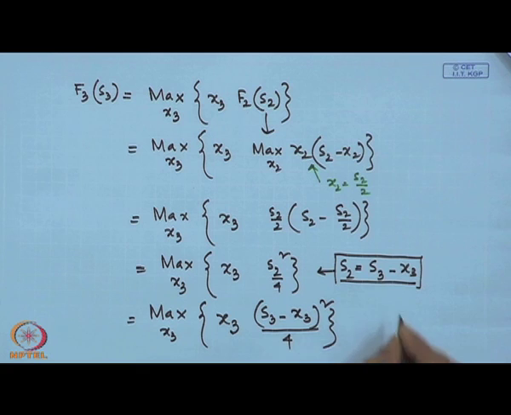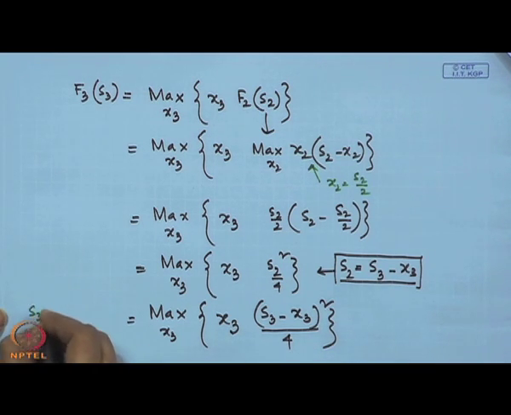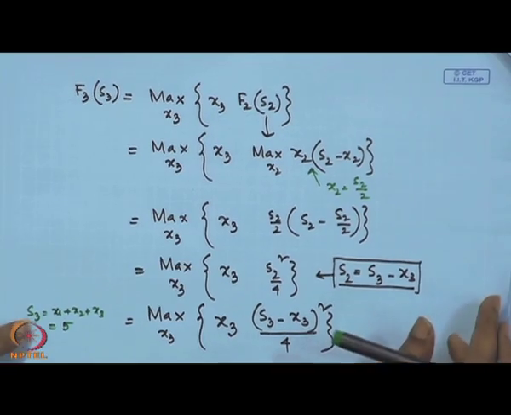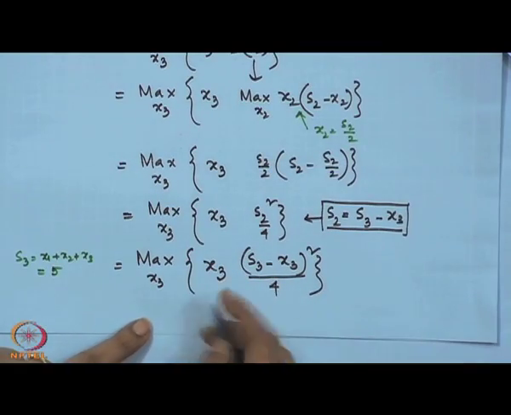And what is s3? s3 is equal to x1 plus x2 plus x3. This must be equal to 5, because that is a constraint we are having. That is why we have reached the final stage, and here this is the problem of single variable.